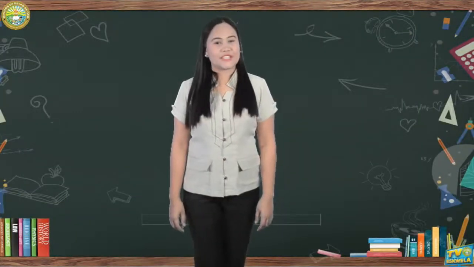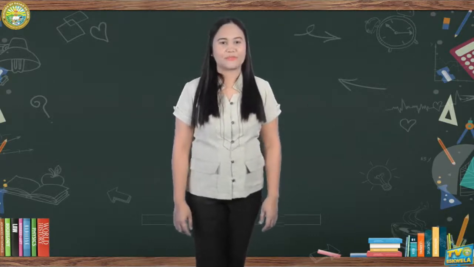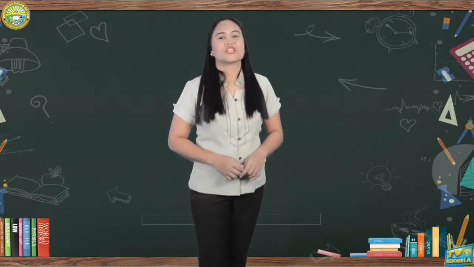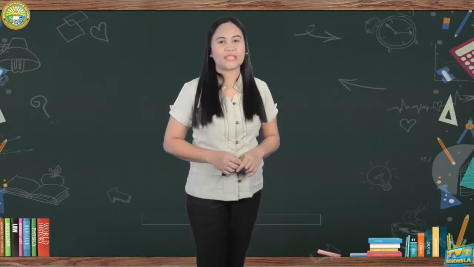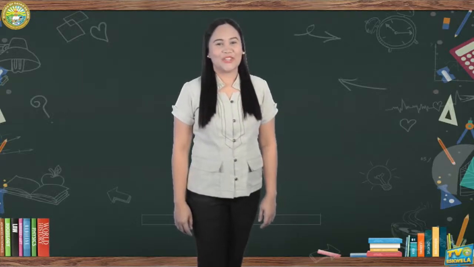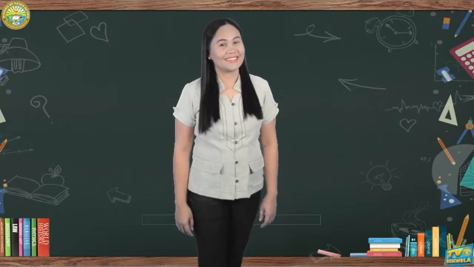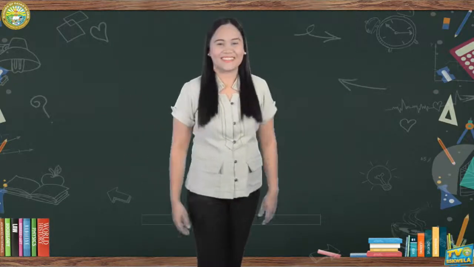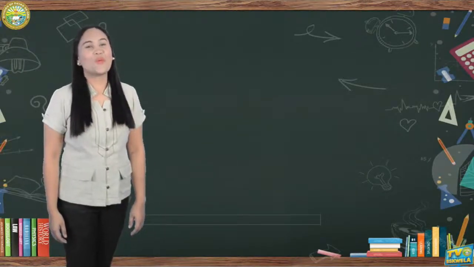Let's have first a review on the basic taxonomic concepts. Your task is to identify the word by filling in the spaces with letters. Write your answer on a separate paper. Are you now ready? Let's get started! Number 1.